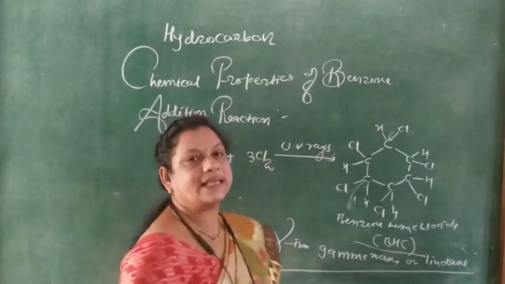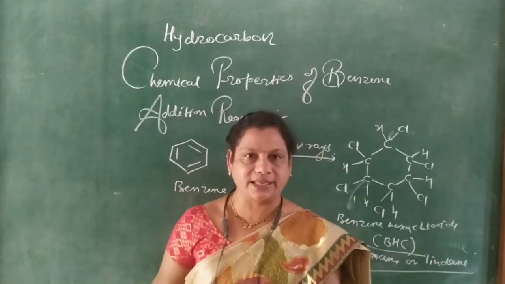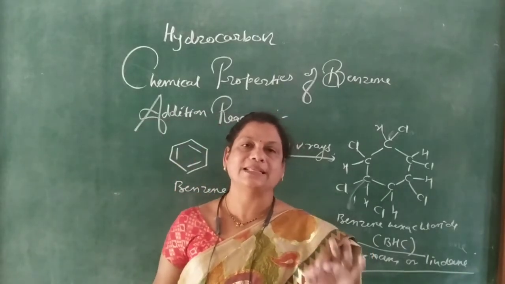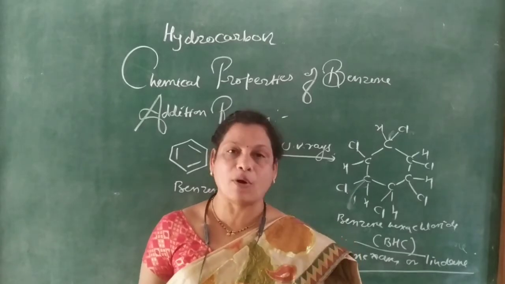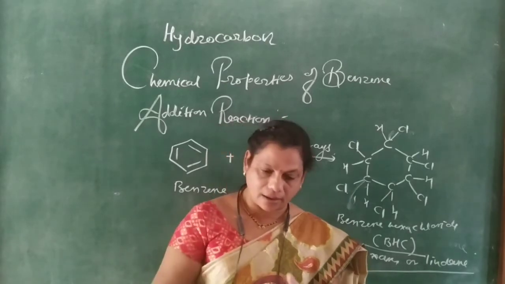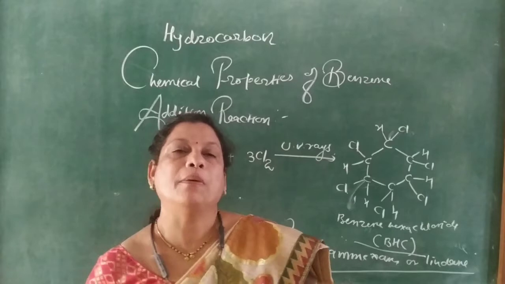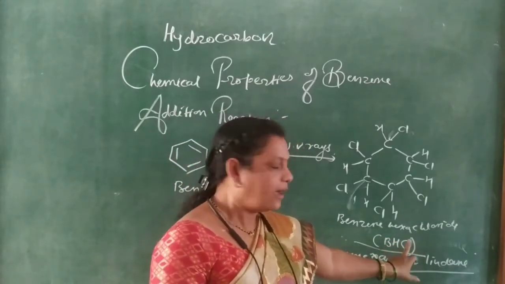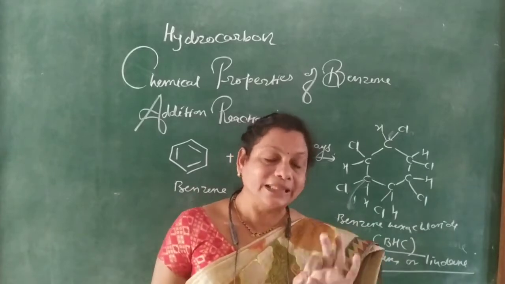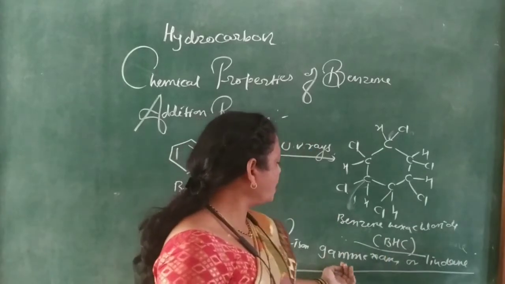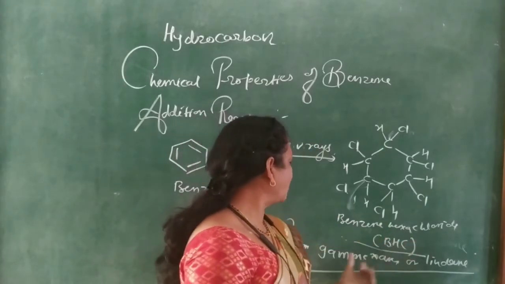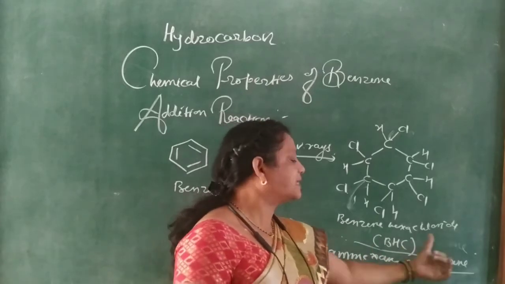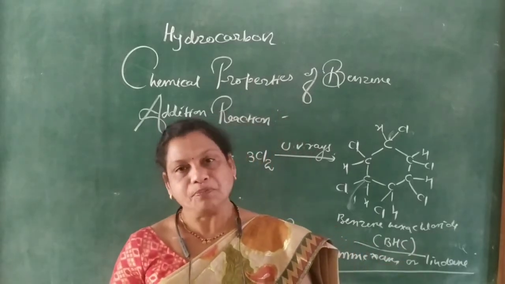This is used as an insecticide. Benzene hexachloride, or BHC powder, as the public calls it, is nothing but the gamma isomer of benzene hexachloride, which is called gammexane or lindane.